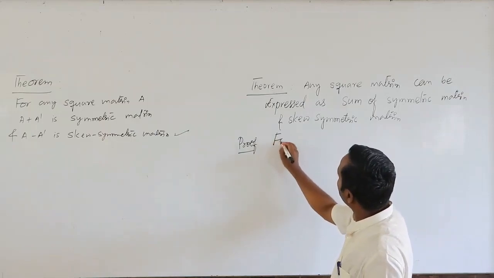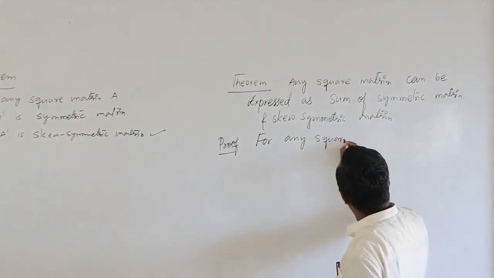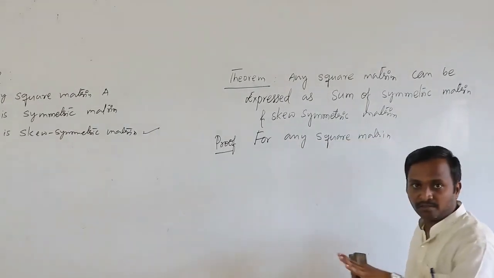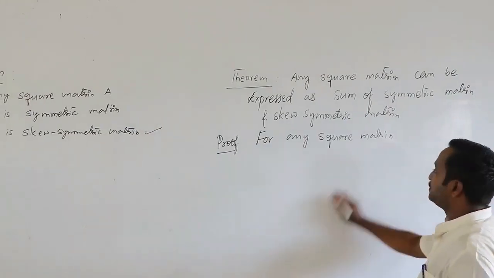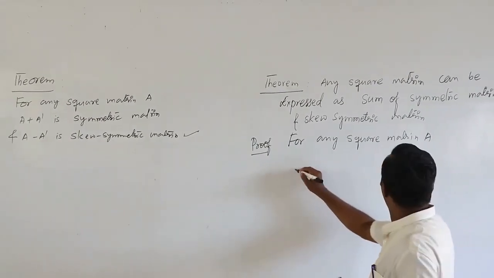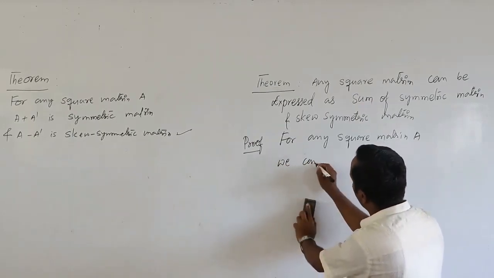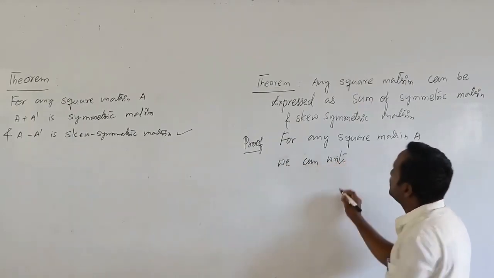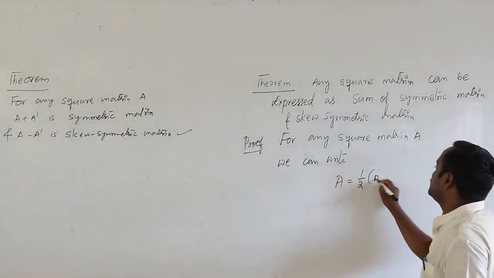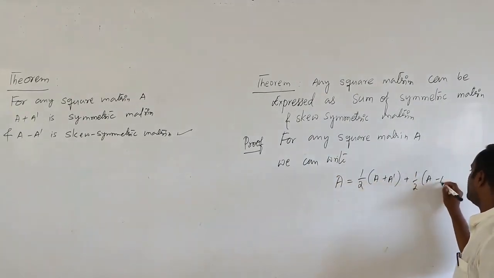For any square matrix, the previous theorem makes a very important rule here. For any square matrix A, we can write A as 1 by 2 (A plus A dash) plus 1 by 2 (A minus A dash).